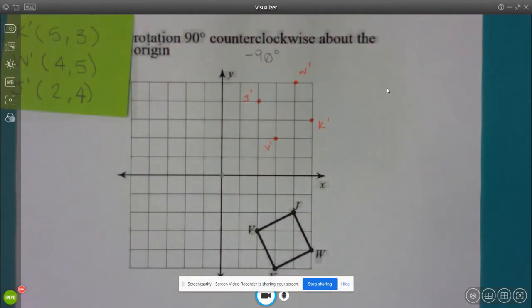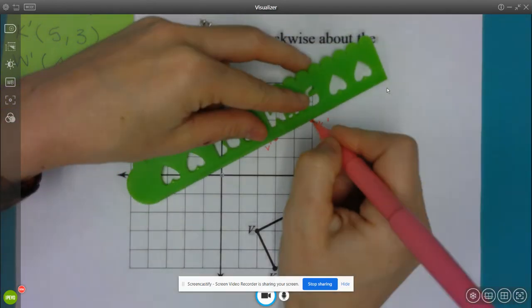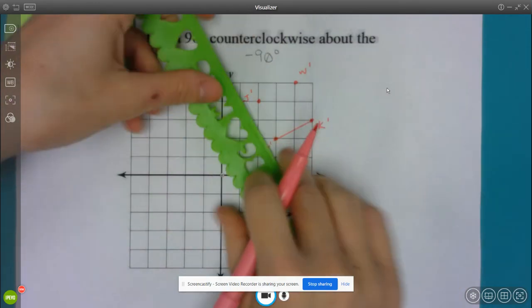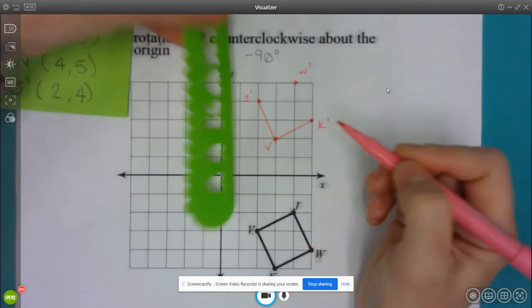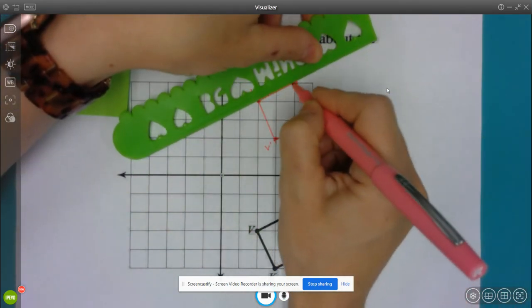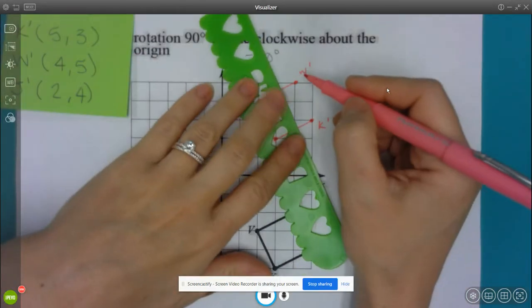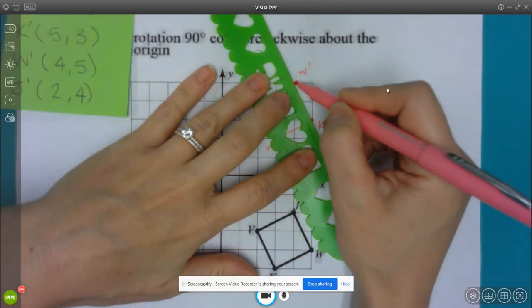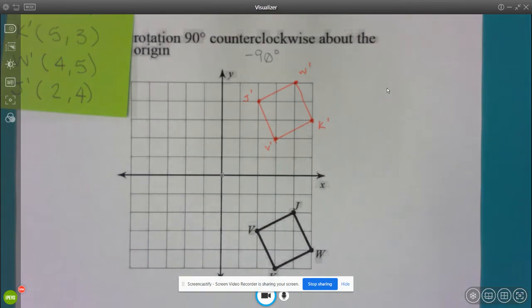And because I can't draw straight lines, I'm going to get a ruler. But you should see this image starting to form that looks exactly like the image when we just turned our paper. Can't even draw a straight line with a ruler.